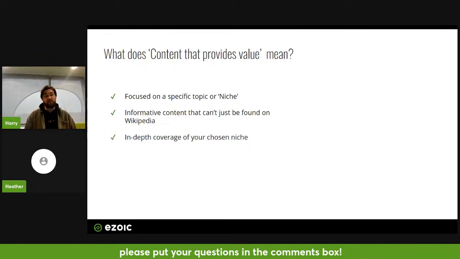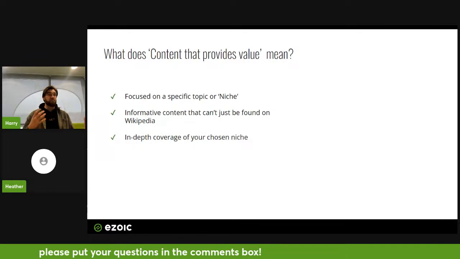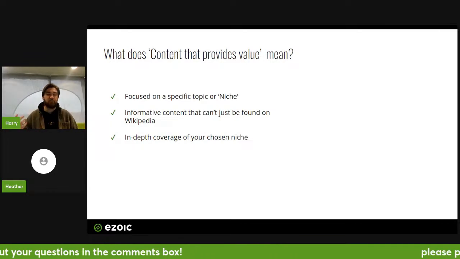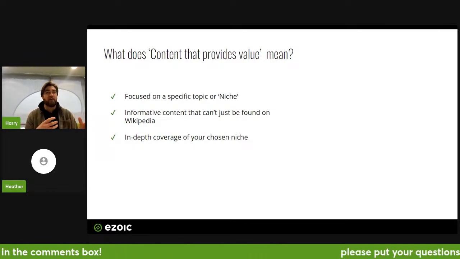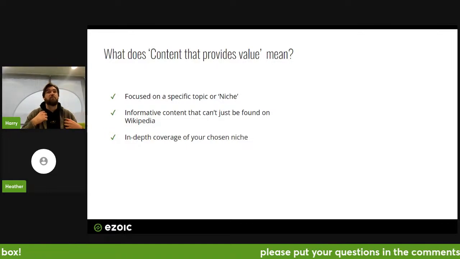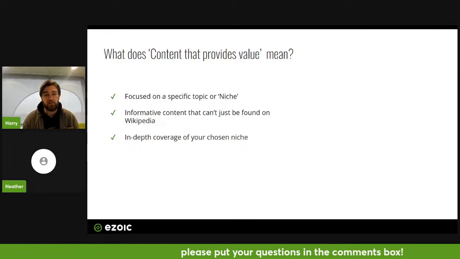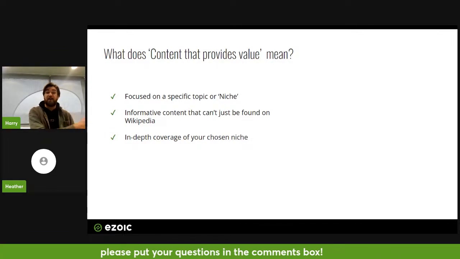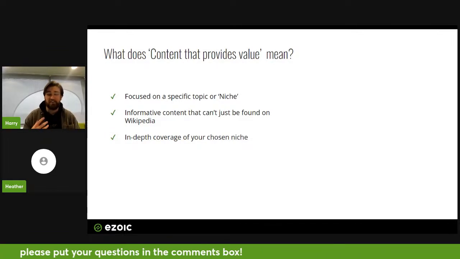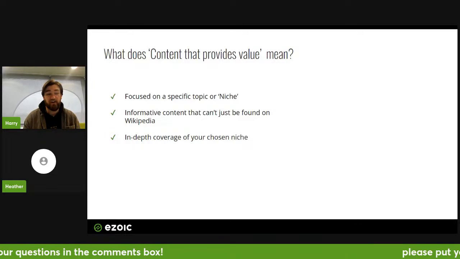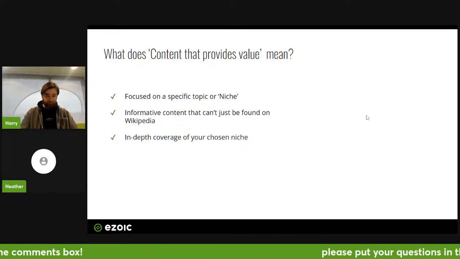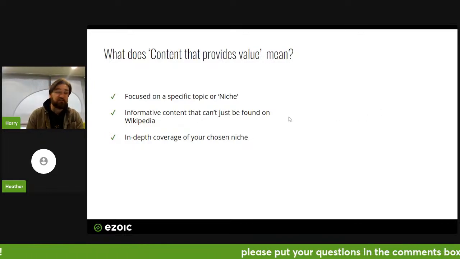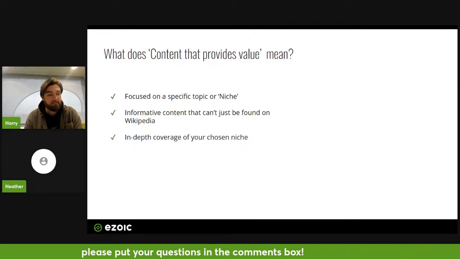The content that you're providing needs to be informative, and it can't just be taken from Wikipedia or something like that. It needs to have something additional that you can provide, which, as the title says, means that you can provide value.